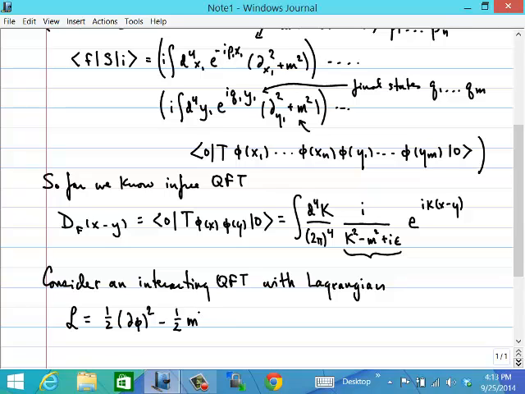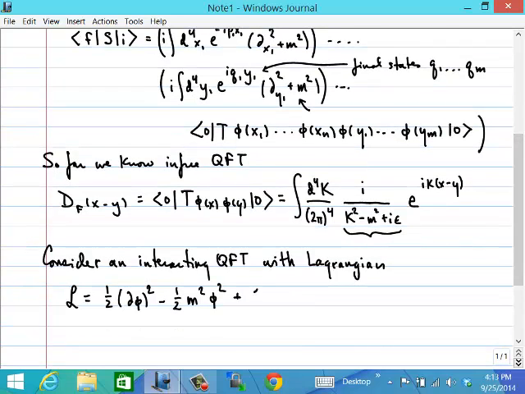So this has some kinetic term involving the derivative of phi and the mass term, plus some interaction term that I'll just take to be some function of phi. Okay.